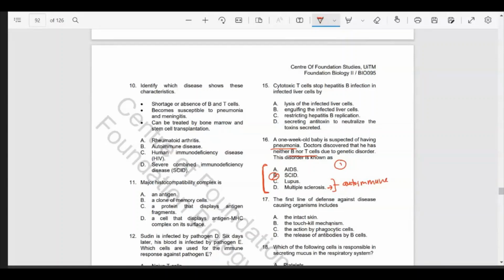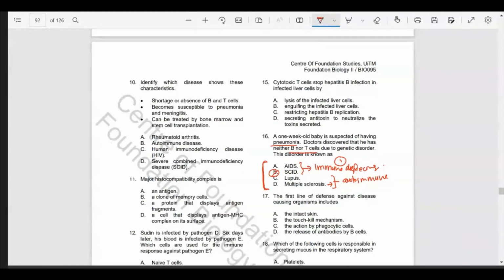Kalau SCID, AIDS adalah immunodeficiency. Okay, so you have to know. Tapi in this case, in the case given in the question, it is SCID, where the baby that is born, the baby is lacking B and T cell, and the baby easily affected or easily infected by pneumonia.